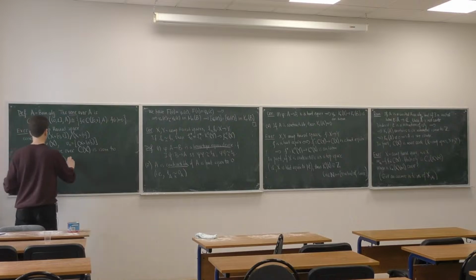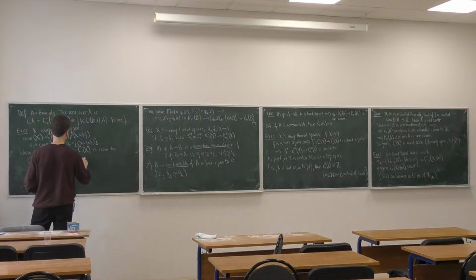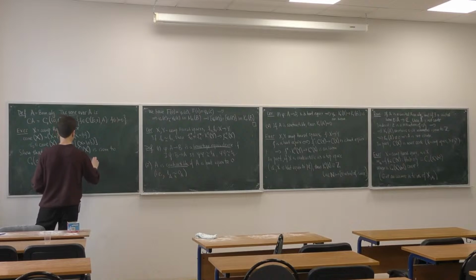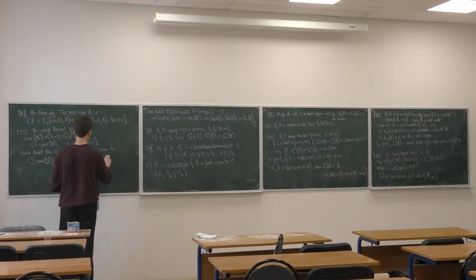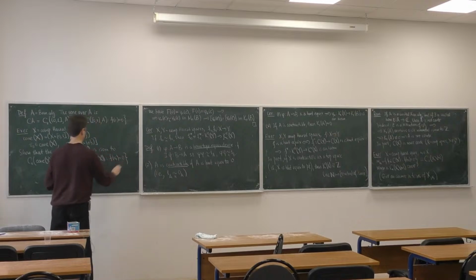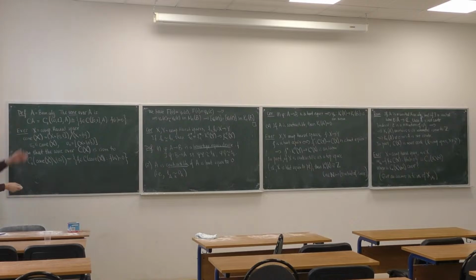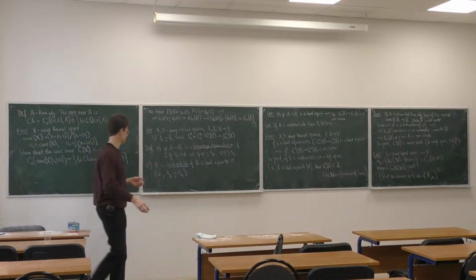That is, with the algebra of those continuous functions on the topological cone which vanish at the vertex. So this exercise relates the Banach algebra cone with the topological cone constructions.